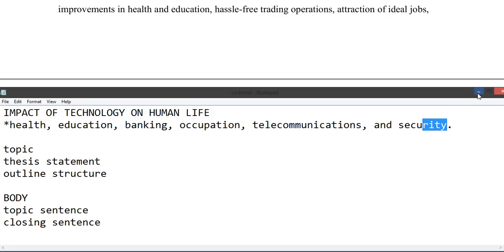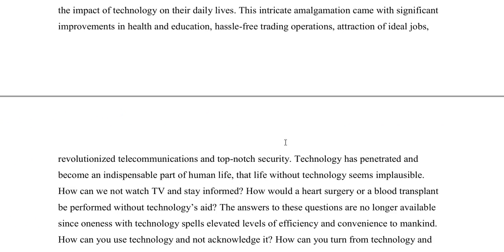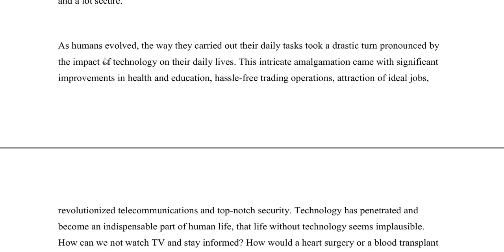Here, see, he's just being too smart for us, right? As humans evolved, the way they carried out their daily tasks took a drastic turn, pronounced by the impact of technology on their daily life. So this is the topic sentence of the concluding paragraph, that is the conclusion of the essay.